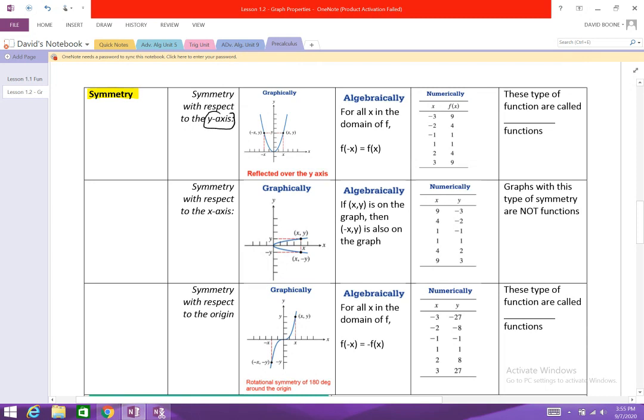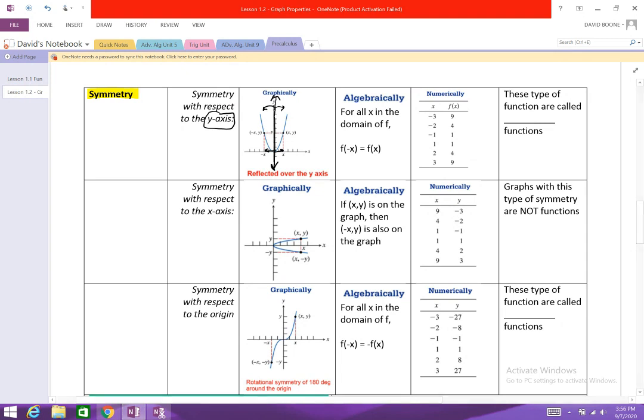Looking at having symmetry about that y-axis. So basically what we're looking at is that we have the same thing on the left side that we do on the right side. That this line here, the y-axis, is like a mirror. All right. So if I've gone negative x units to the left, I'd be going positive x units to the right on those distances.